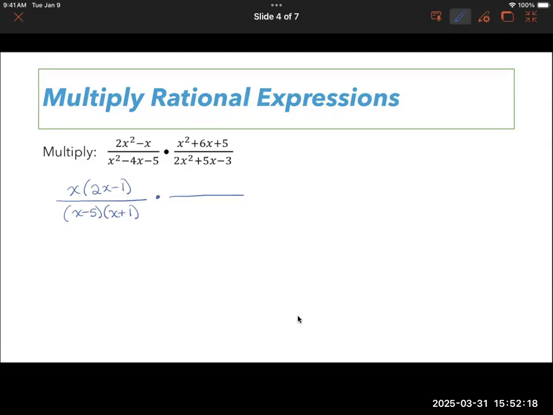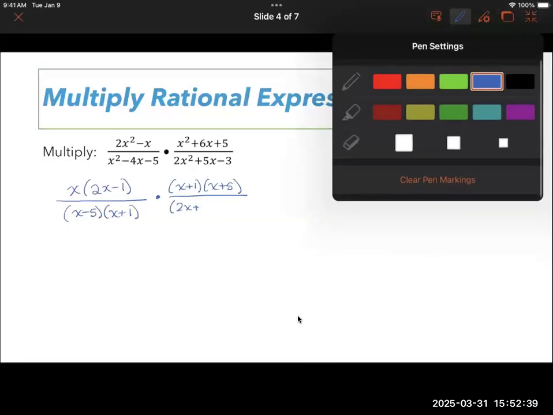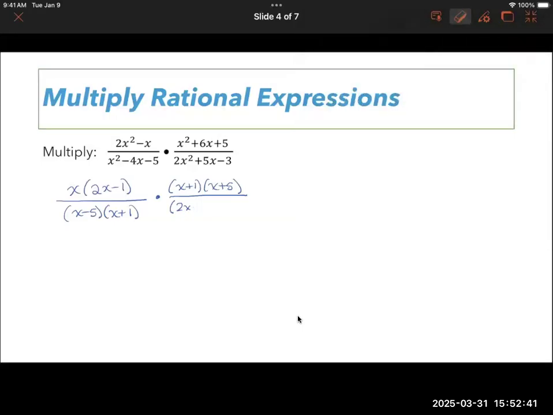In our second numerator, our x squared plus 6x plus 5 will factor into x plus 1 times x plus 5. And in our second denominator, the 2x squared plus 5x minus 3 can be factored into 2x minus 1 times an x plus 3.